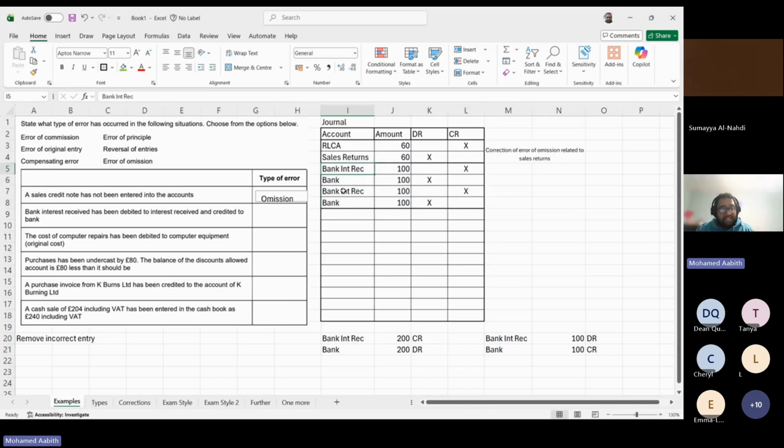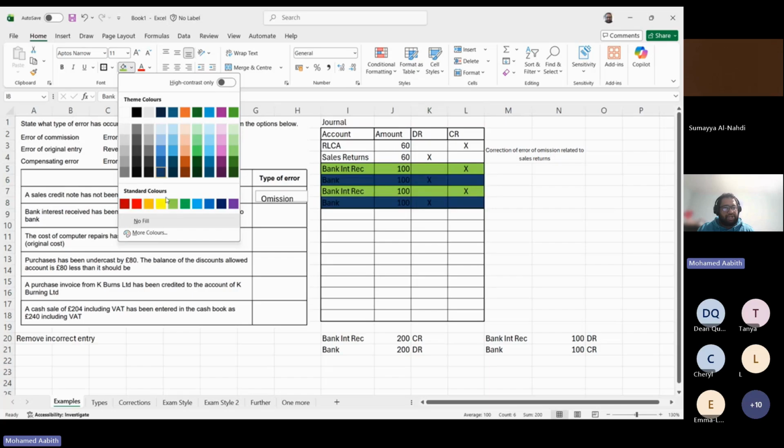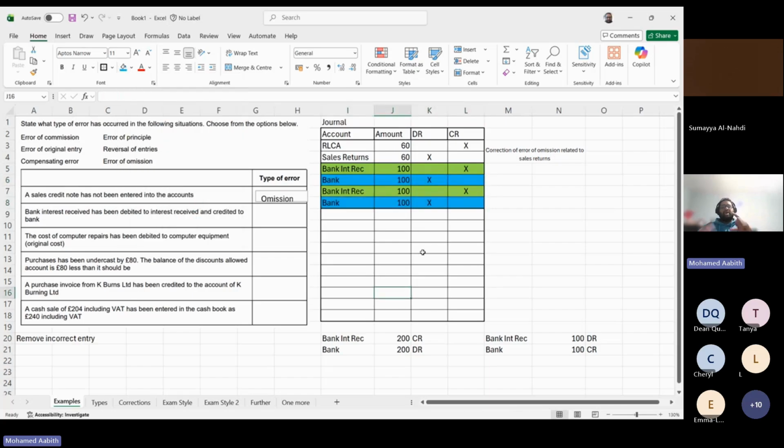So you can merge these 2 entries together. I can just highlight it quickly, that one and that one. You can merge it, and this one can be merged that way. So they both will be merged into that entry, and that too will be merged into this entry.